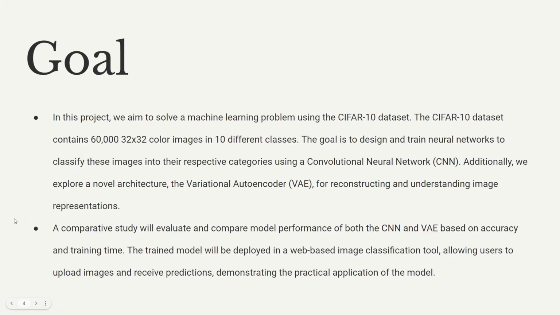So our goal for this project is to solve a machine learning problem using the CIFAR-10 dataset, where we specifically aim to first classify images into 10 different categories using a convolutional neural network, and then reconstruct images and understand the representations using a variational autoencoder, as well as conduct a comparative study to evaluate and compare the performance of these models based on accuracy, training time, and capability.